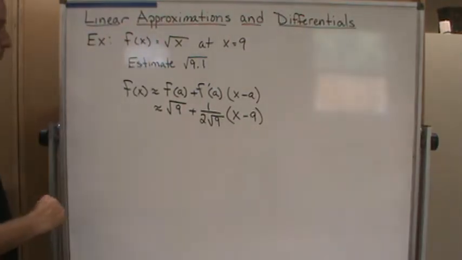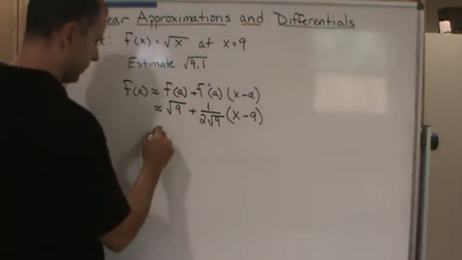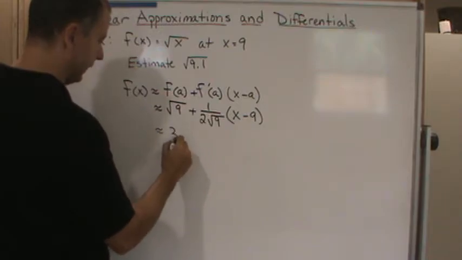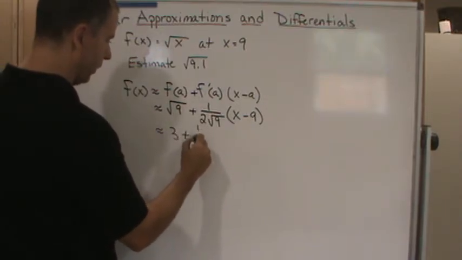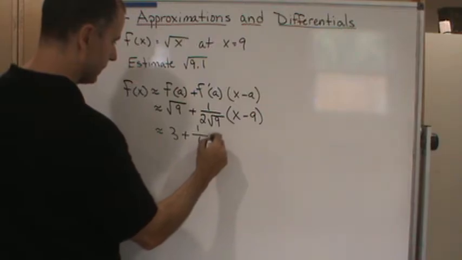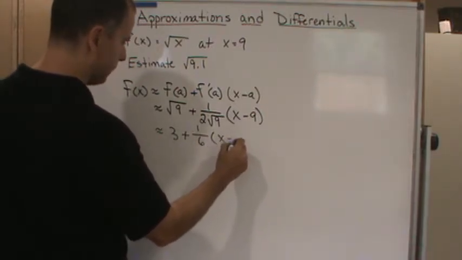Now let's simplify this. It's approximately equal to 3 plus 1/6 times x minus 9.